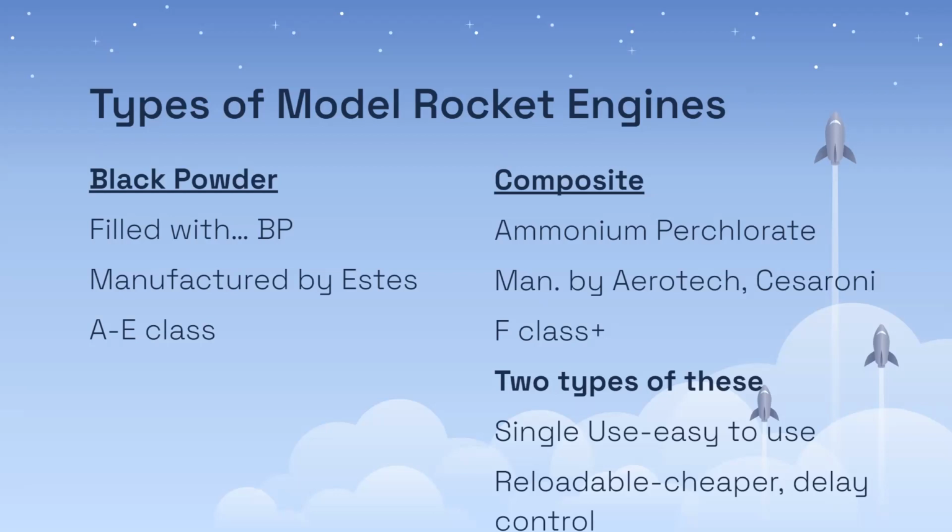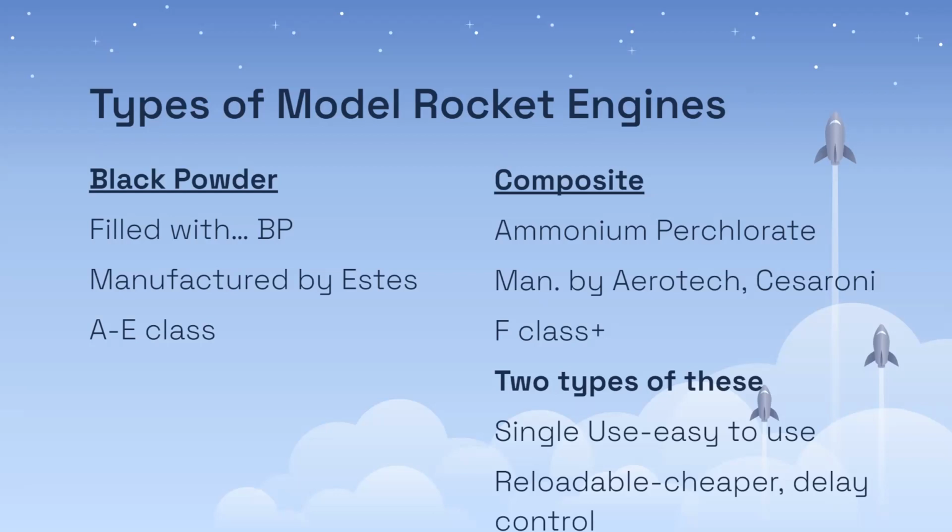And so these are, legally speaking, easier to deal with because they are safer in some regards. And they come in single-use and reloadable options. The single-use benefit being that they are easy to use. You put one in the rocket, you launch it, and then after the launch, you take it out, throw it away, and then you put a new one in.